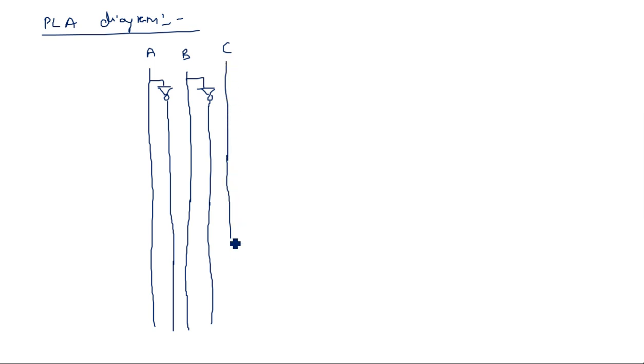That's why n inputs have n buffer inverters. Total n means 3, and 3 will give you 3 more buffer inputs.